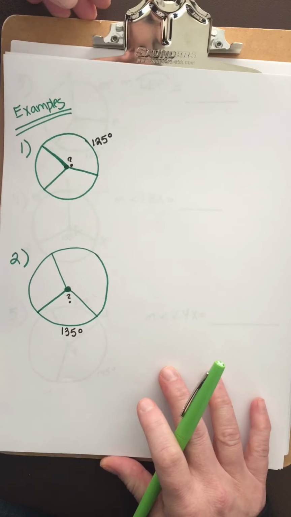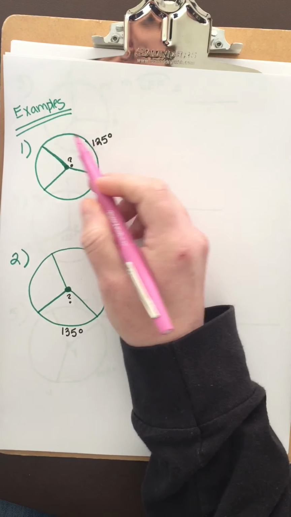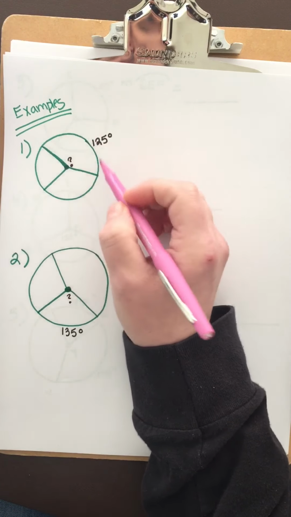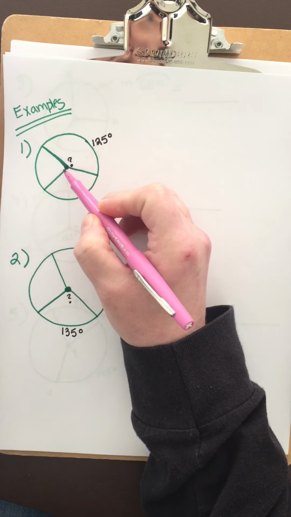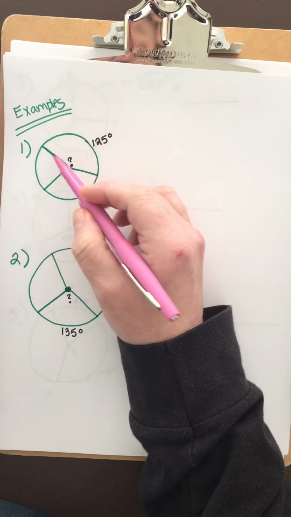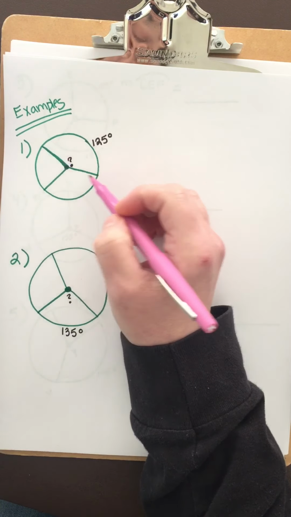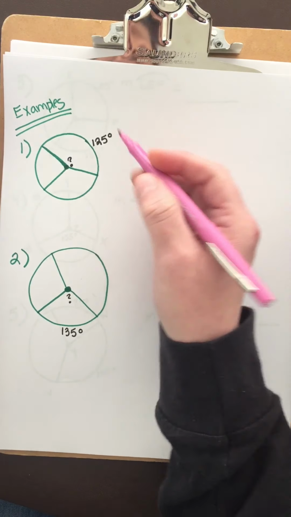All right, we're going to start with a couple of easy ones. And I've marked the area we want to find out with a question mark. So it gives us the arc measure is 125 degrees. And it wants us to find the measure of this angle, the central angle. Well, since this is a minor arc, the measure of this angle would be equal to that minor arc.